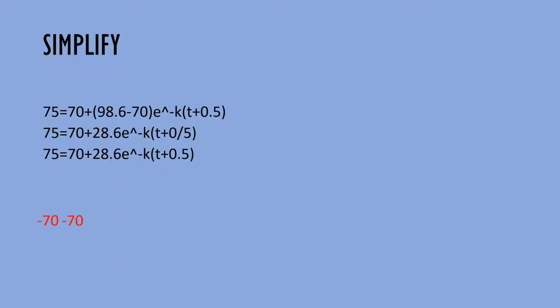So we are given 75 equals 70 plus (98.6 minus 70) times e to the power of negative K times (T plus 0.5). We use similar steps to isolate the terms. So now that we have this, we would proceed to subtract 70 from both sides.